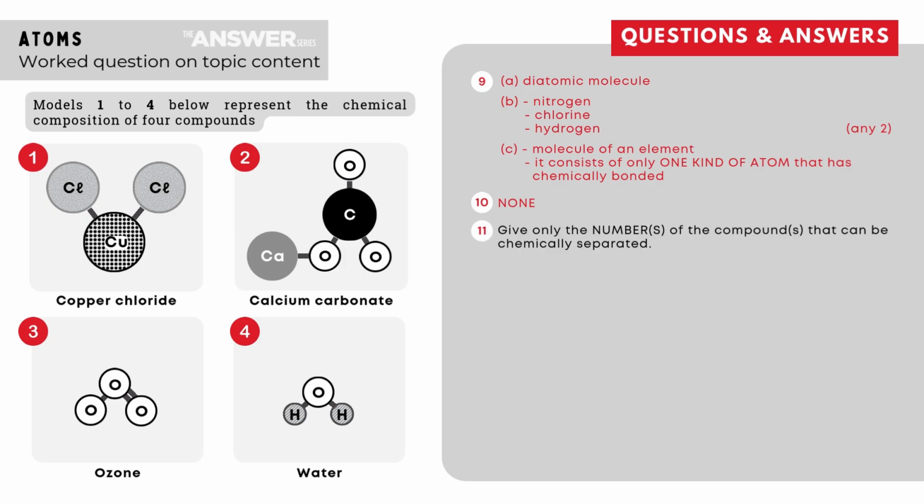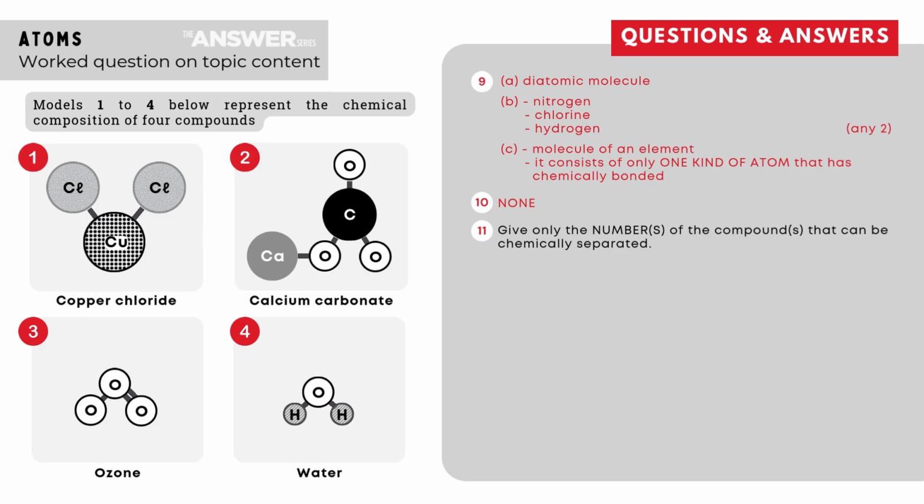Question 11, give only the number or numbers of the compound or compounds that can be chemically separated. So if you remember, chemical separation can happen to molecules of compounds. Molecules of elements cannot be physically or chemically separated because there's nothing to separate it into.